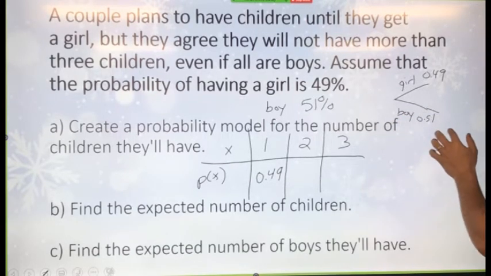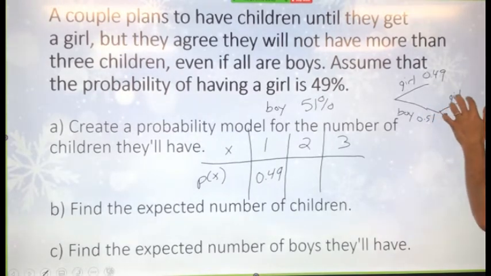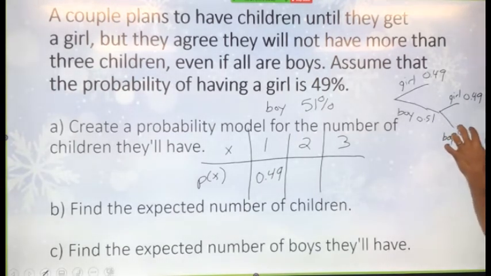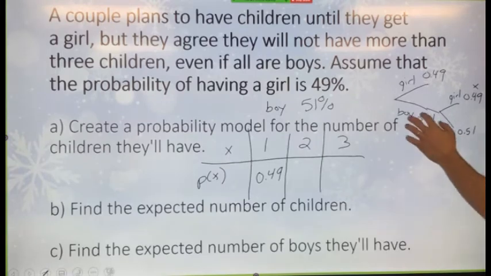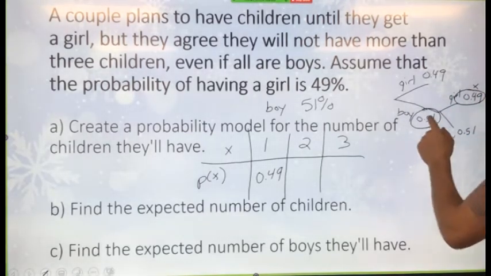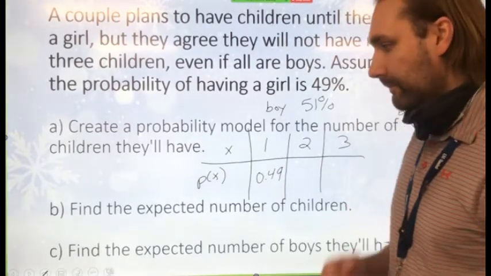Had a boy, it's not a girl, so I need to start over. Girl, that's still 0.49. And then boy, still 0.51. If I had 2, that means I ended here, right? And again, with our tree, we should multiply across. So I need to multiply 0.51 times 0.49, which is what?